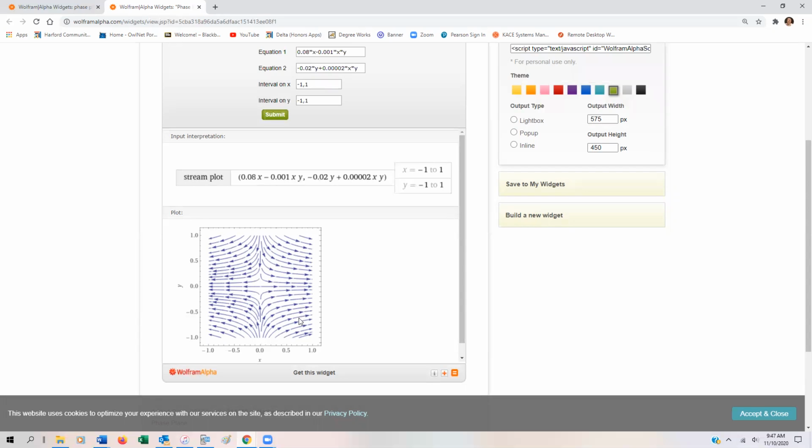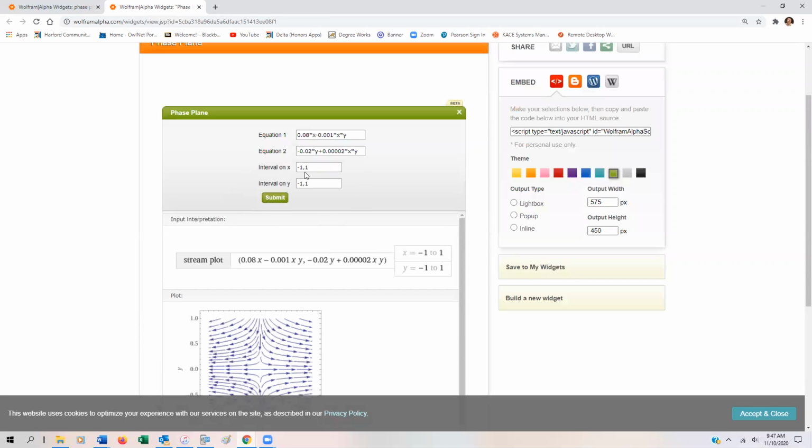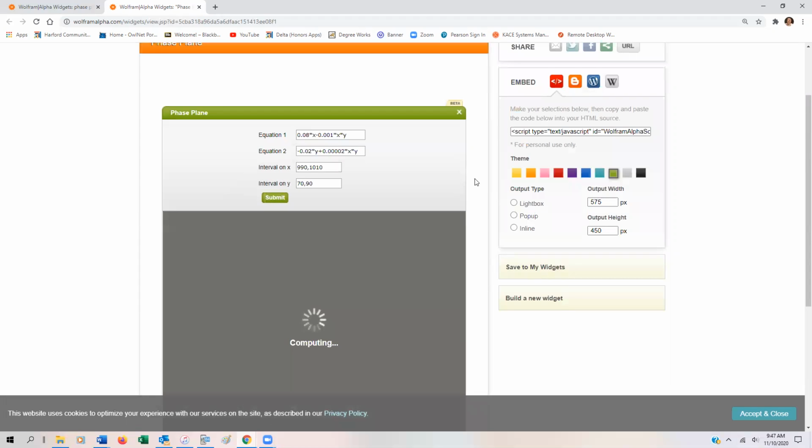Now let's take a look around the other point. Remember, we had another point when x was 1,000. So let's try something like 990, comma 1010, and then remember that 80 was the other point. So I'm just going to look at this point, and I'm going to submit.